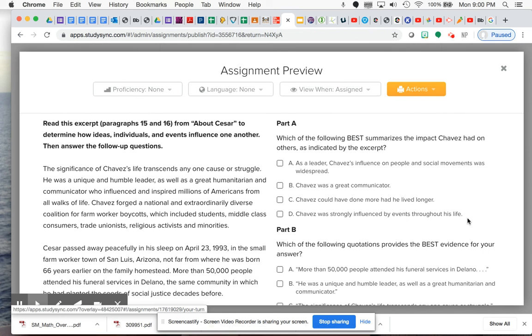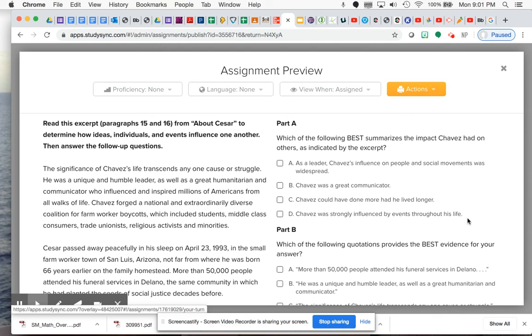Really think about which of these shows that his influence was not just for one small group of people, that he really tried to help people for many years from all different walks of life. That's really what I want you to focus on when you are summarizing.